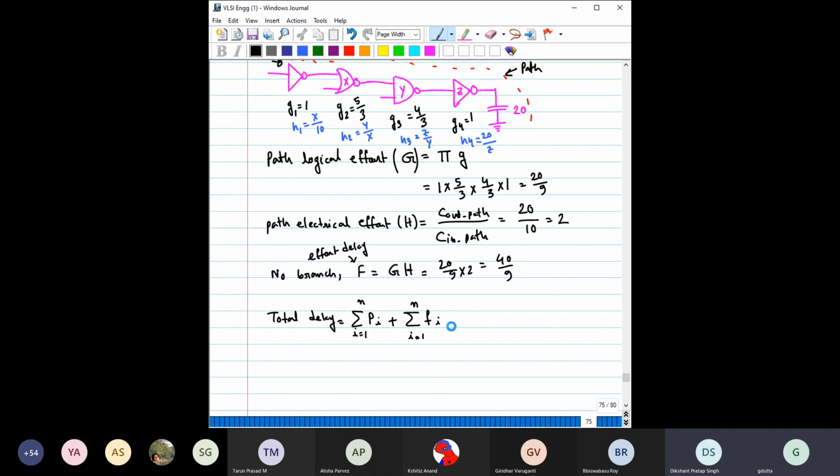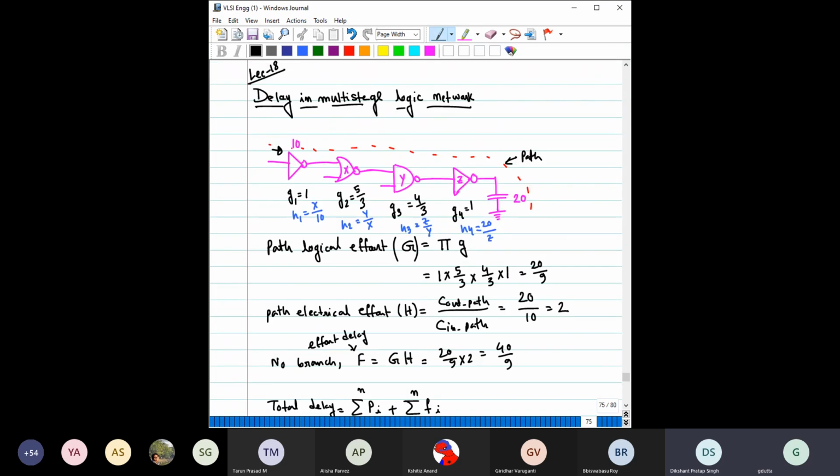Now, if you recall, when we estimated the minimum delay for a chain of inverters, we saw the minimum delay is possible when each stage bears the same effort.